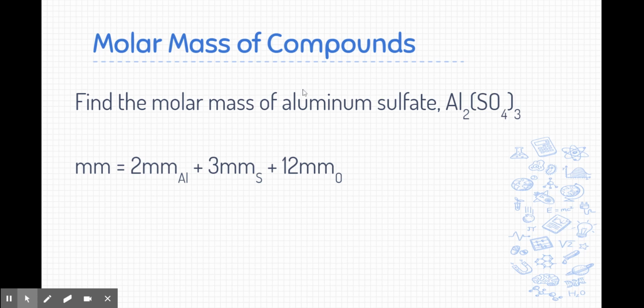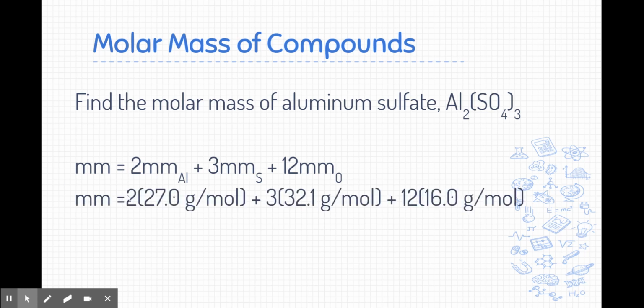So 2 times the molar mass of aluminum, plus 3 times the molar mass of sulfur, plus 12 times the molar mass of oxygen. Right? The molar masses of each element we pull off of the periodic table. The numbers we're multiplying them by are the numbers of that type of atom in the formula of the compound.